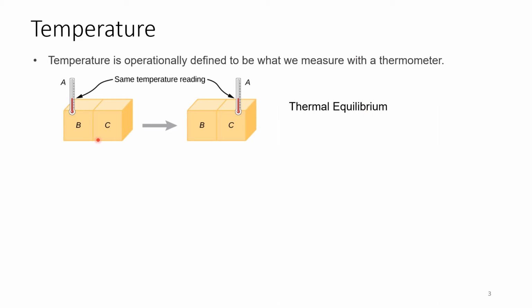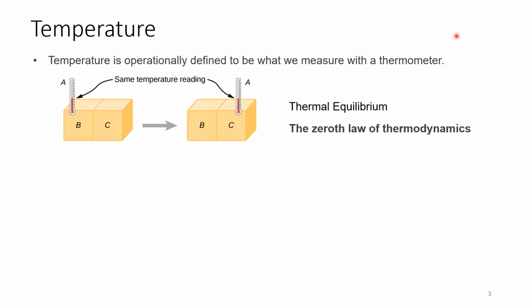If the object B is in thermal equilibrium with a third system called the object C, then the thermometer A should also be in thermal equilibrium with object C, so it will give the same temperature reading for C. This is called the zeroth law of thermodynamics.